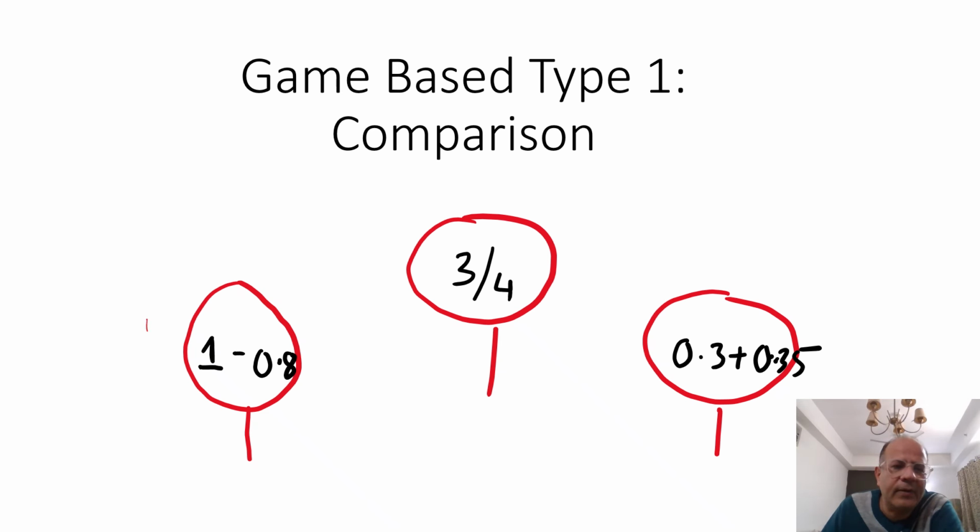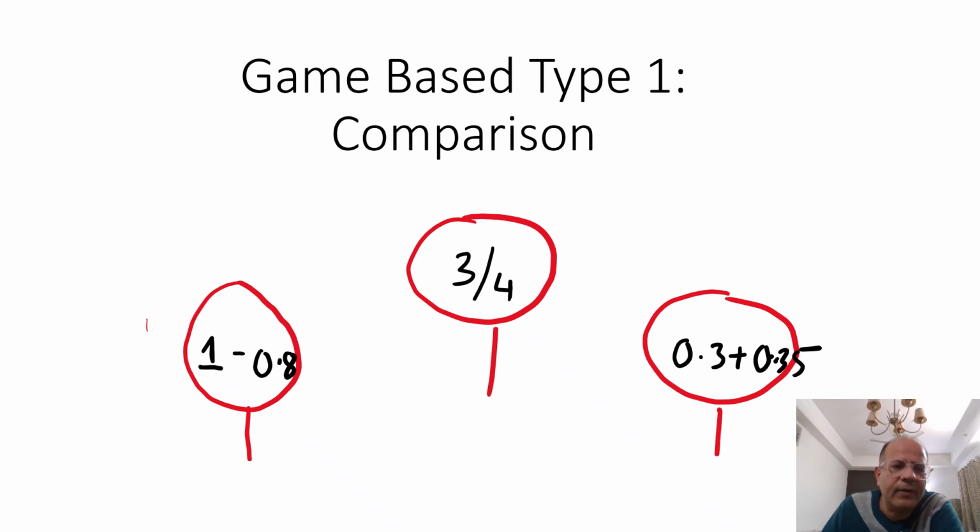Now, since it is a game and you will get a dynamic environment, I'm just showing you by writing expressions, but in the actual user interface, you'll get a dynamic version of it. Most likely, you will get 3 balloons with expressions, and you need to start clicking with your mouse.